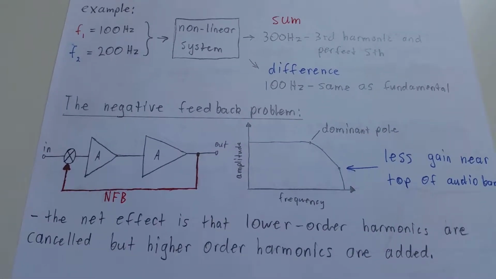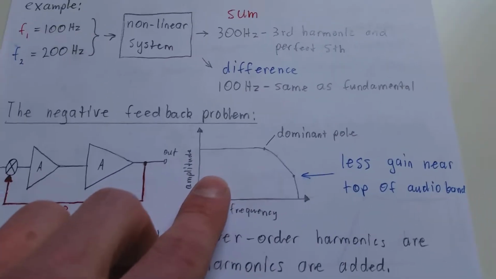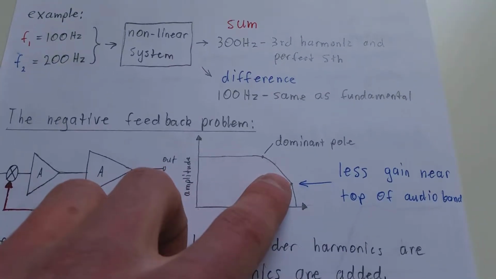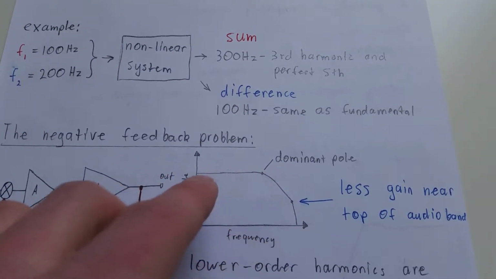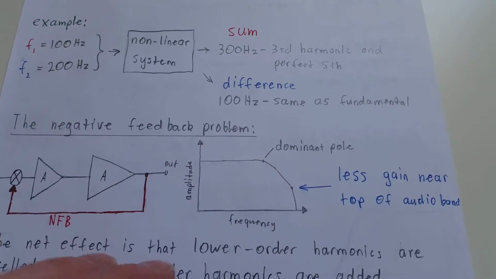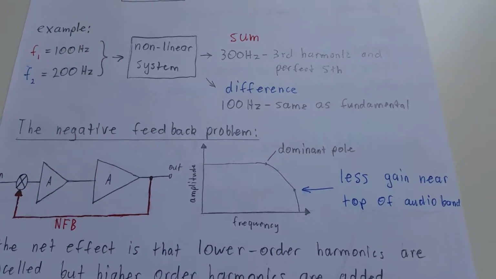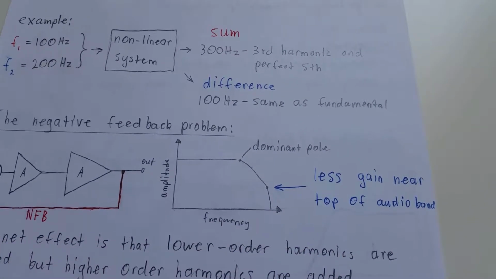And here's why you have to be careful. Because without feedback, the amplifier has a finite bandwidth. It's only flat up to a certain point, and then you have roll-offs that drop the gain. And near the top of the audio band, it's inevitable that you're going to have less gain.